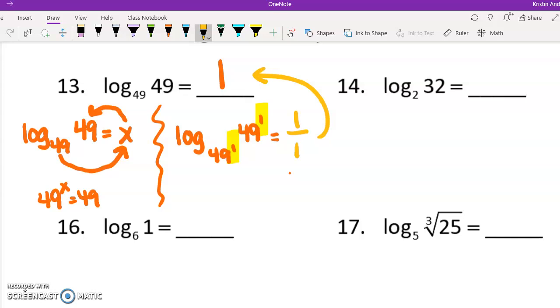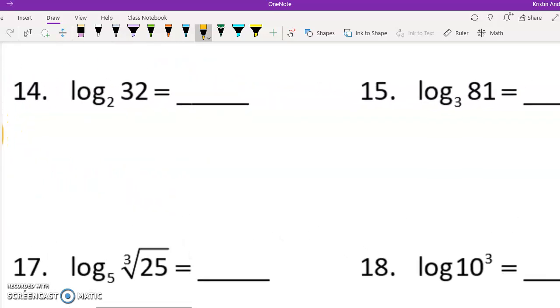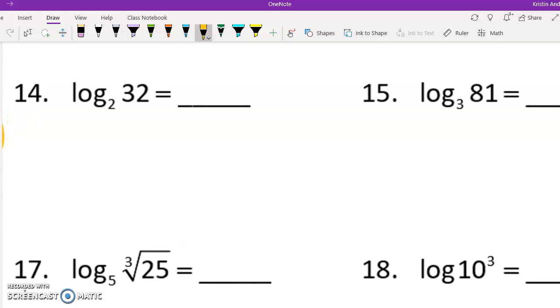That's kind of weird on this particular problem, but when I show you on number 14, it looks a little bit better because the numbers are different. We'll look at 2 and 32. Can we write those as the same base?